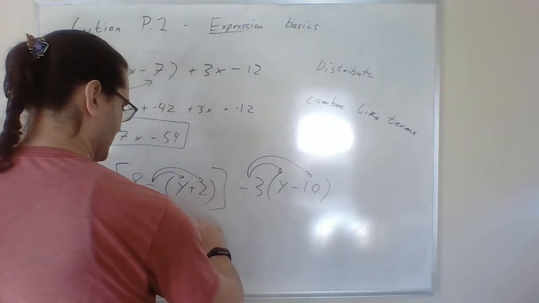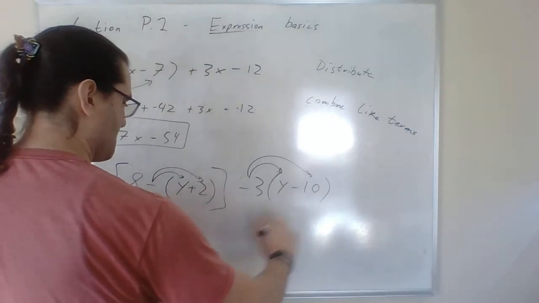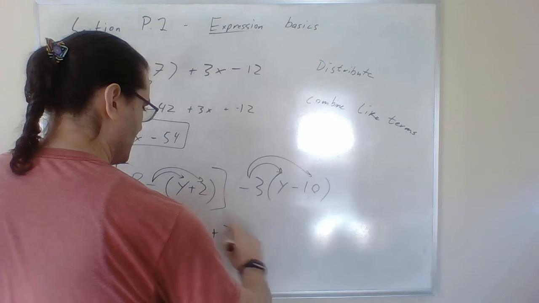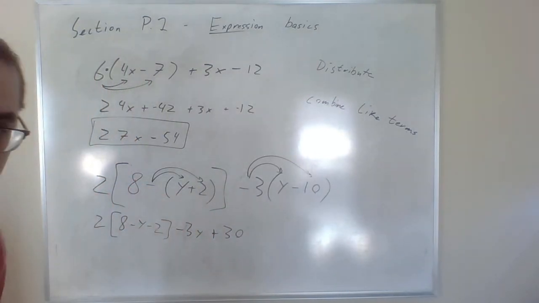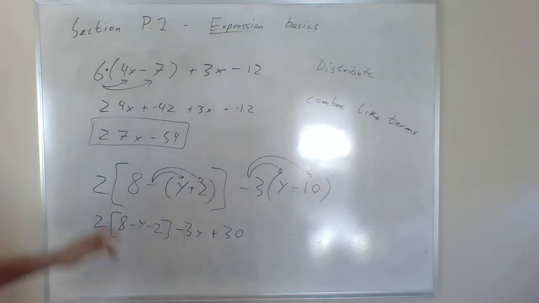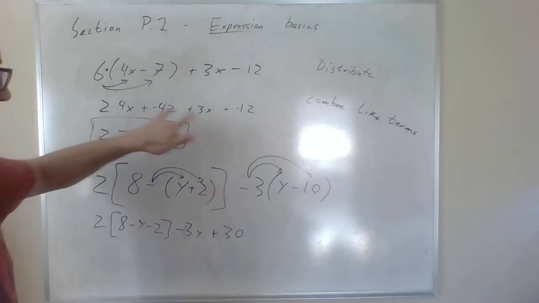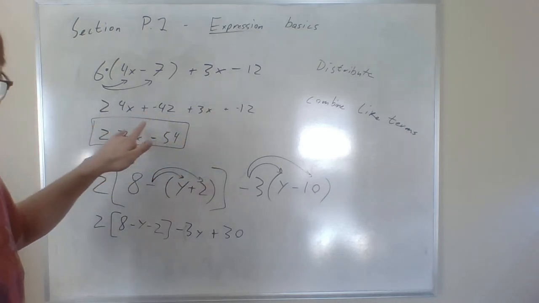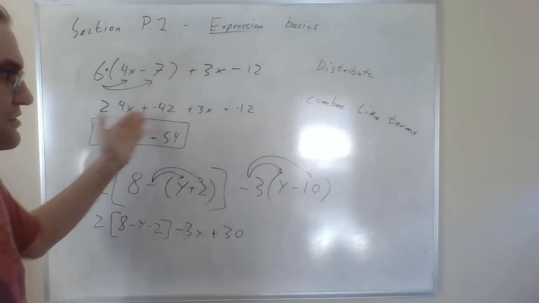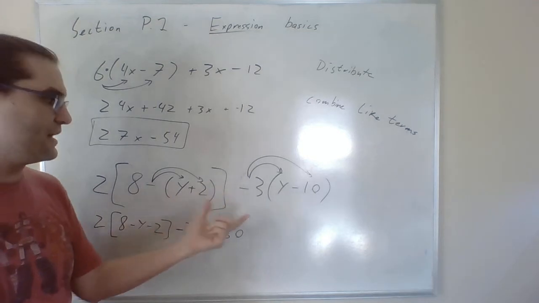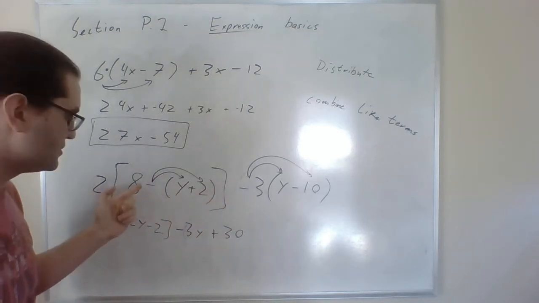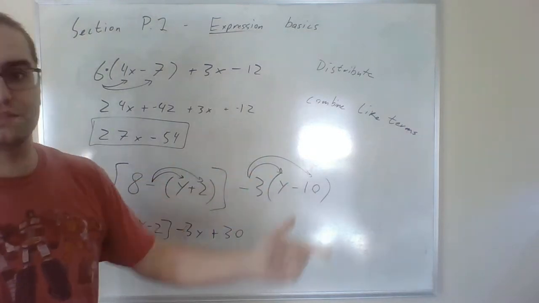So this will be negative 3y plus 30. So that's the other really important thing to keep in mind: when you're adding and subtracting negatives, keep track of what their signs should be and how they combine. If you are distributing with negatives involved, make sure that you distribute the negative piece as well.